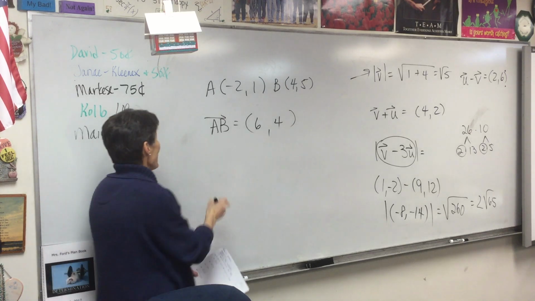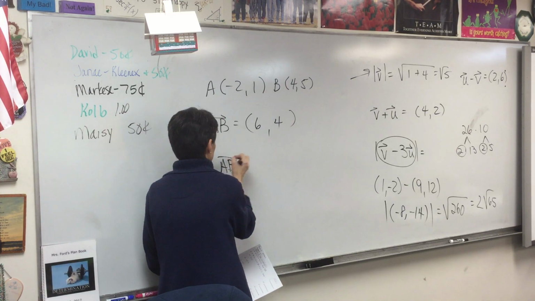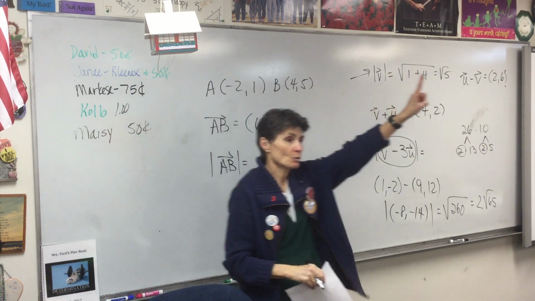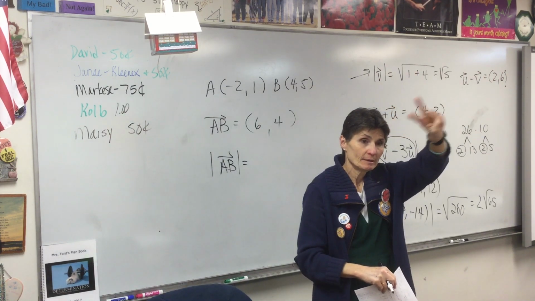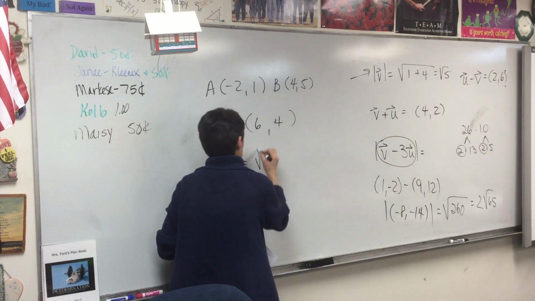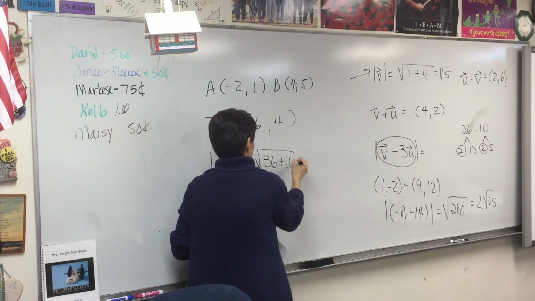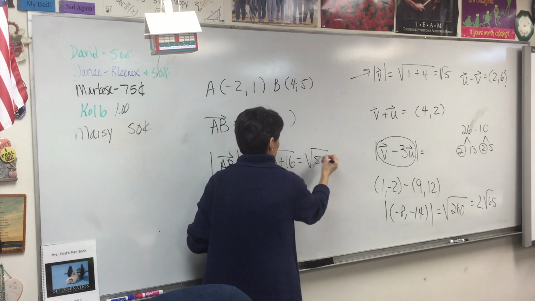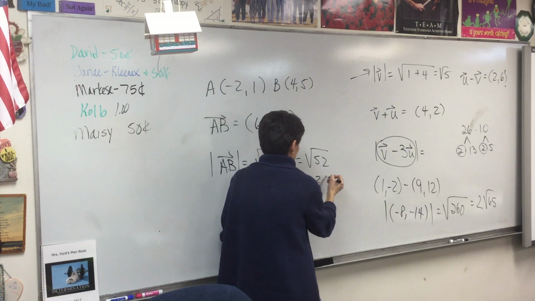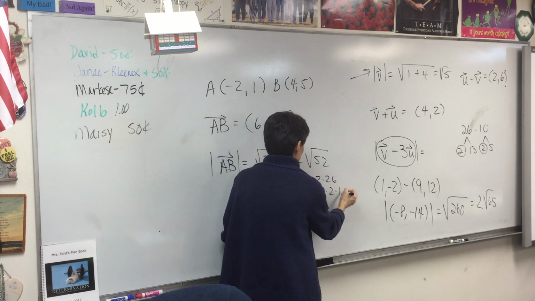Now we want the magnitude. So how do we find magnitude again? Square, square, add them up, square root. Here we go. What is it, the square root of 52. Break it down. Let's see, that's 2 times 26, 2 times 2 times 13, so that's 2 root 13.